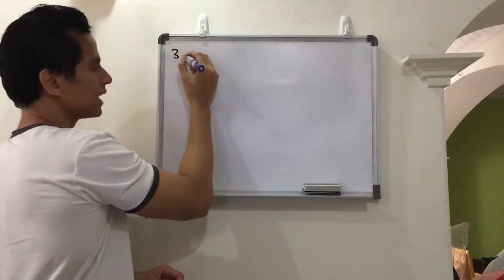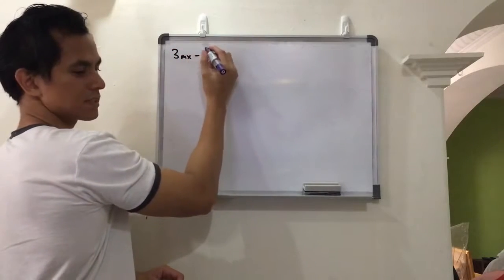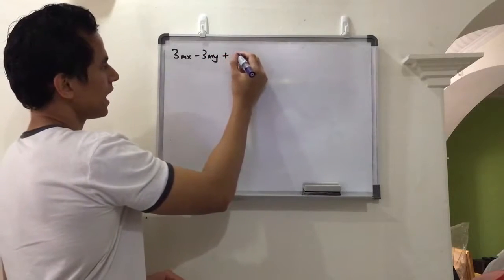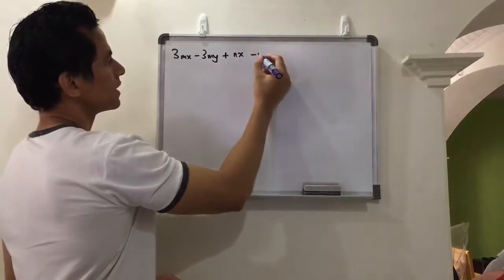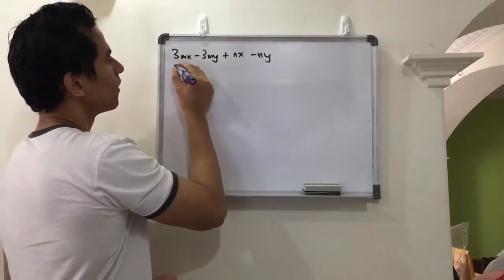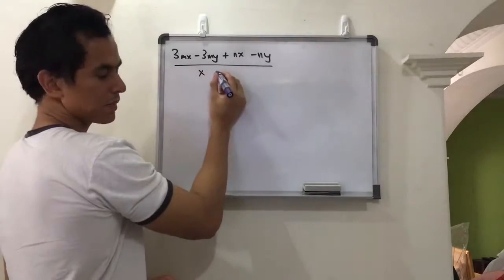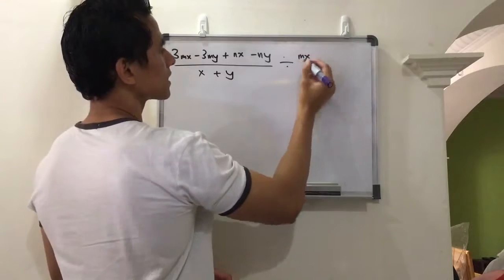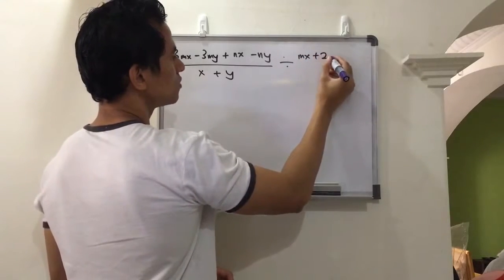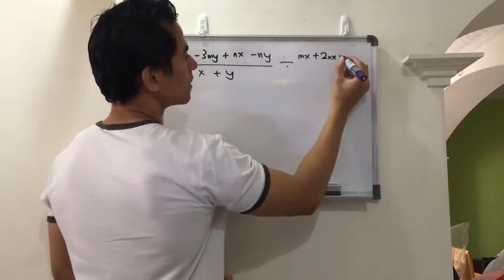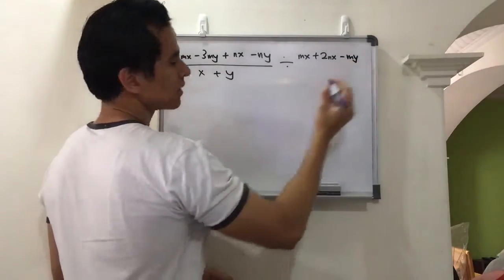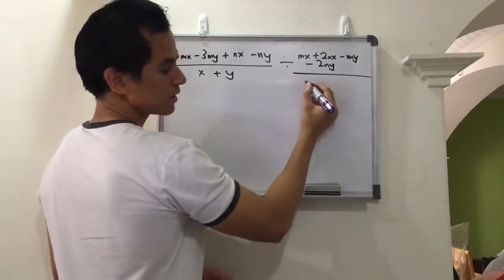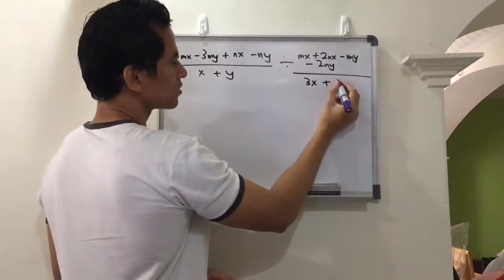So we have 3mx minus 3my plus nx minus ny over x plus y, divided by mx plus 2nx minus my, okay, and minus 2ny over 3x plus 3y.